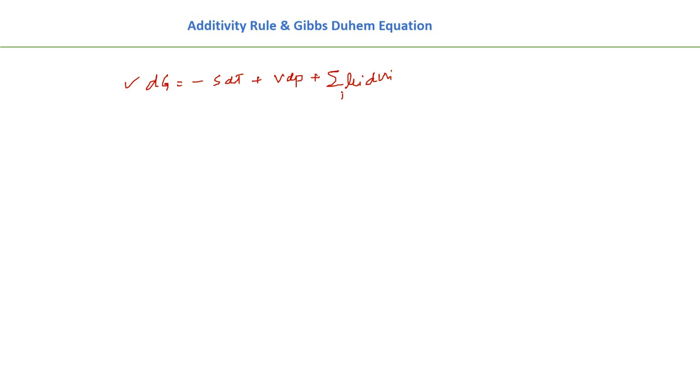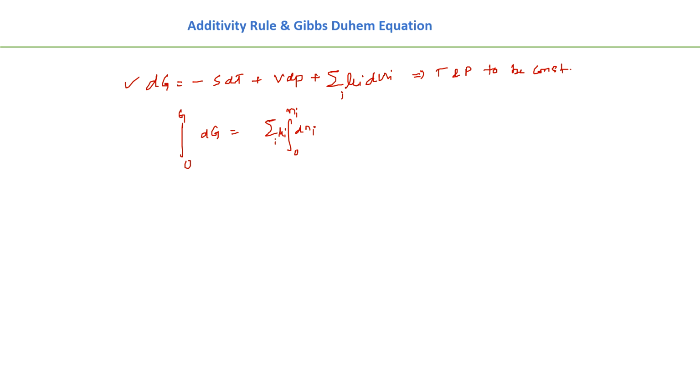Therefore the Gibbs free energy is no longer 0, it becomes G. So if we integrate the equation, initially it is 0, now it becomes G, and here we have considered T and P to be constant while ni moles are added. So integrating, initially the system is vacant, ni is added, the integral of mu i d ni.